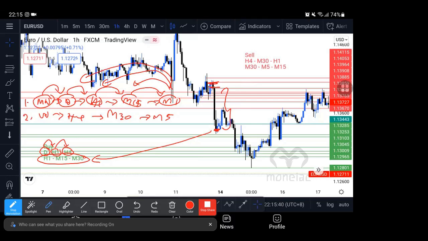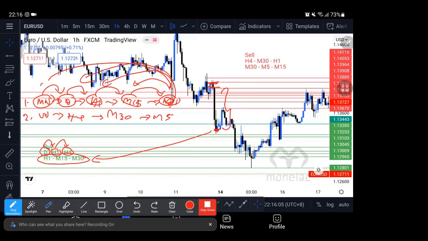Because it is the most recent and the fastest. You cannot expect it to suddenly break the higher first. No, it will break accordingly. So after re-entry, we can monitor the lower time frame using the same order.